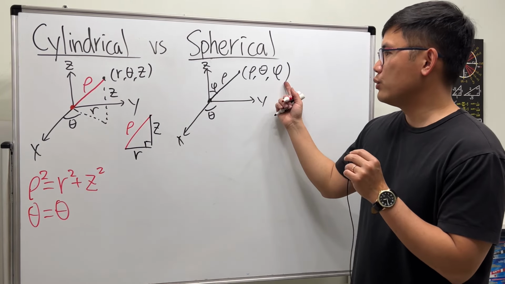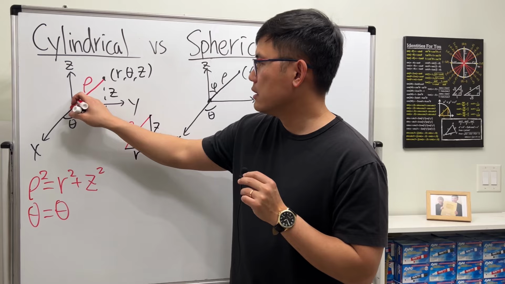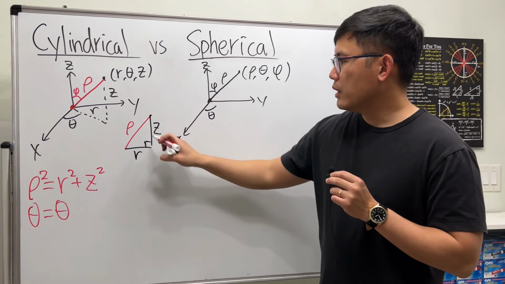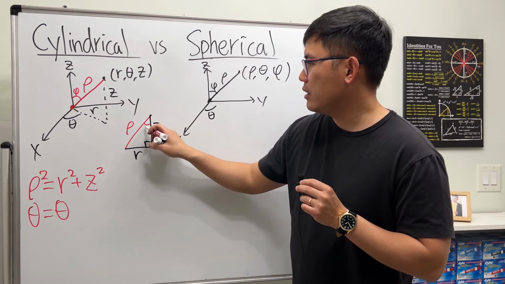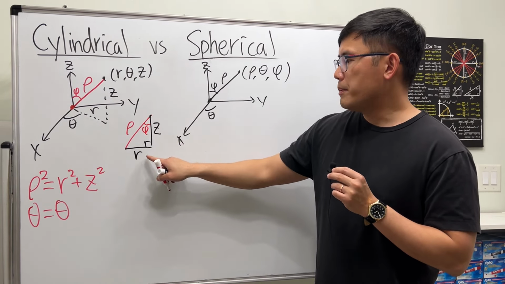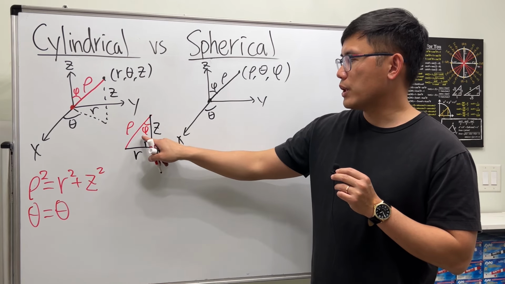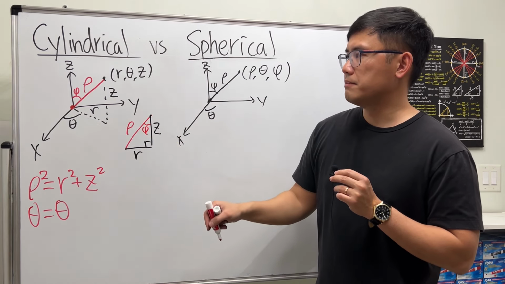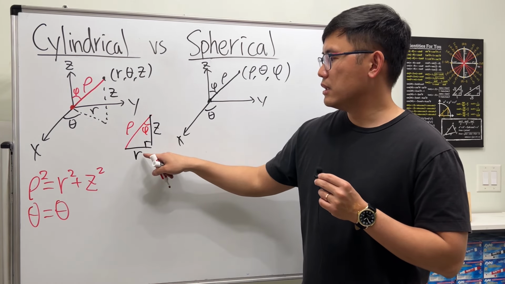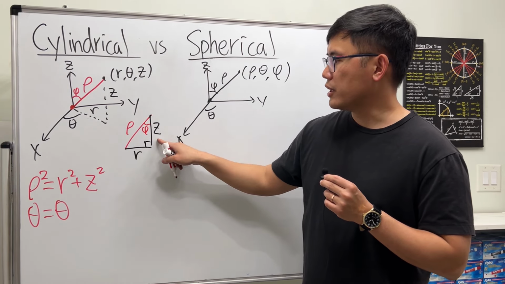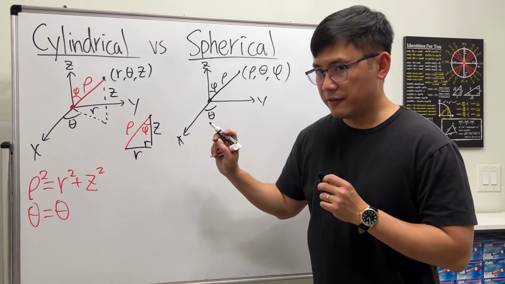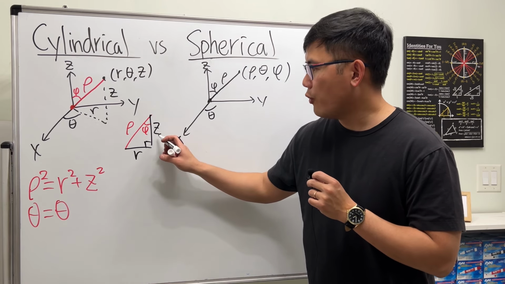Finally, how can we get to v? v is this angle here. And per our discussion earlier, it's the same thing here. Remember, we are given r and z, so we are trying to figure out what v is. For this right here, we can just use opposite over adjacent.